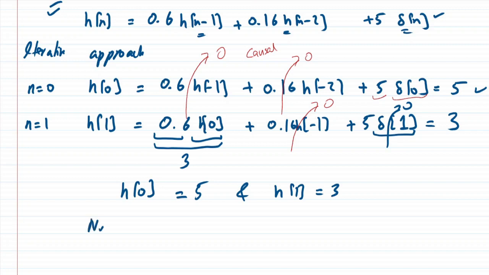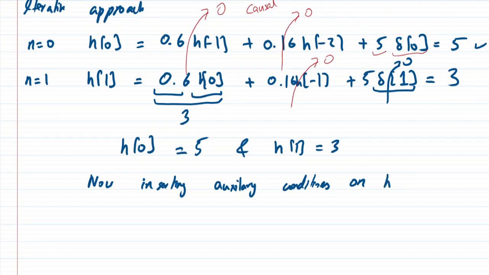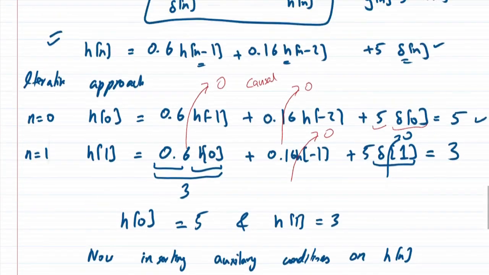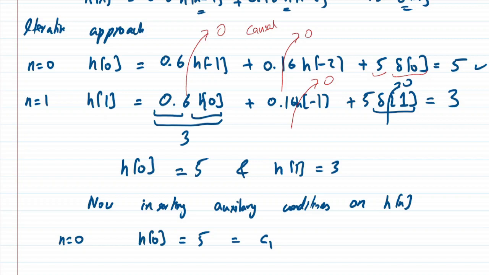Now inserting these auxiliary conditions on h of n, when n is 0, h of 0 is 5, and this is simply C1 times minus 0.2 power 0 plus C2 times 0.8 power 0.